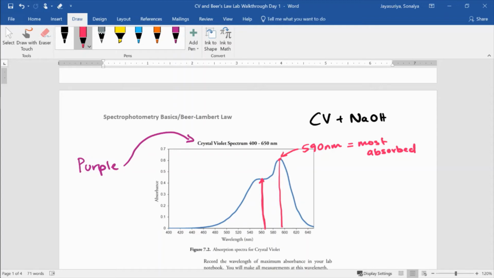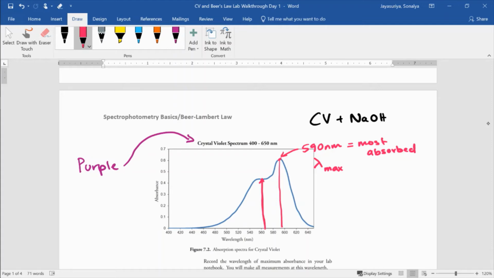the peak absorbance, this is called lambda max, the wavelength where you see maximum absorbance is called lambda max. That wavelength is also the wavelength where you will get the most sensitivity to concentration changes.